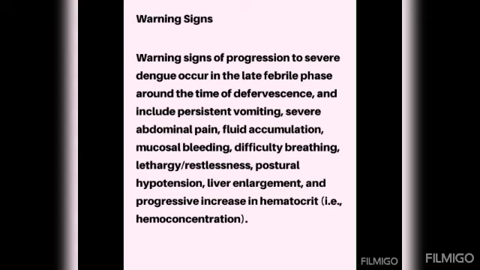Warning signs of progression to severe dengue occur in the late febrile phase, that is, the first phase, around the time of defervescence and include persistent vomiting, severe abdominal pain, fluid accumulation, mucosal bleeding, difficulty in breathing, lethargy, restlessness, postural hypotension, liver enlargement, and progressive increase in hematocrit, that is hemoconcentration. These are the warning signs. We have to remember these signs.